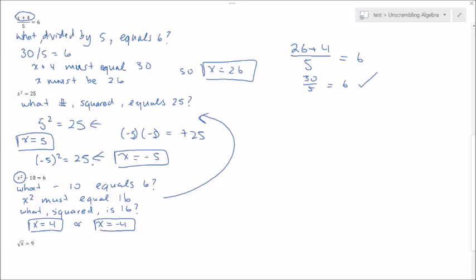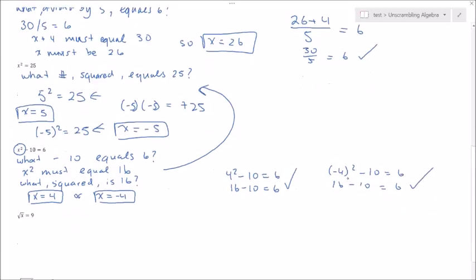And again, we can check these answers. 4 squared minus 10 equals 6 gets you 16 minus 10 equals 6, and that checks out. Negative 4 squared minus 10 would be 16 minus 10, and that also equals 6, so that checks out. Those are the only two numbers. Just like in every other problem, what we have found are the only numbers that would make these equations true.